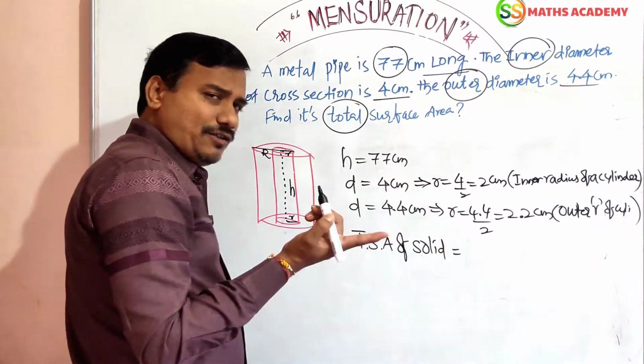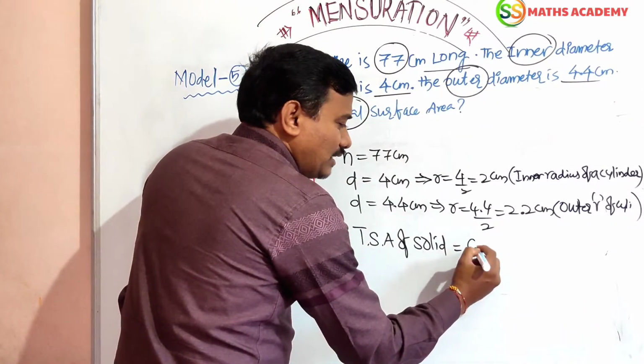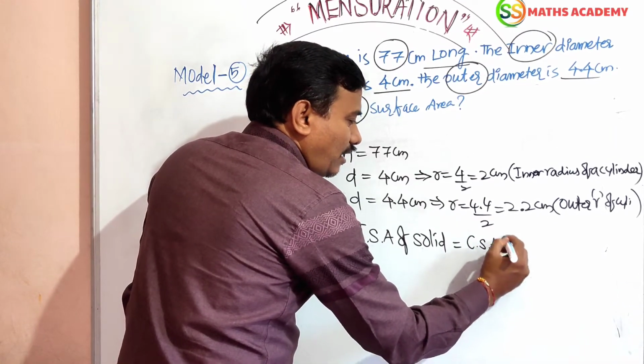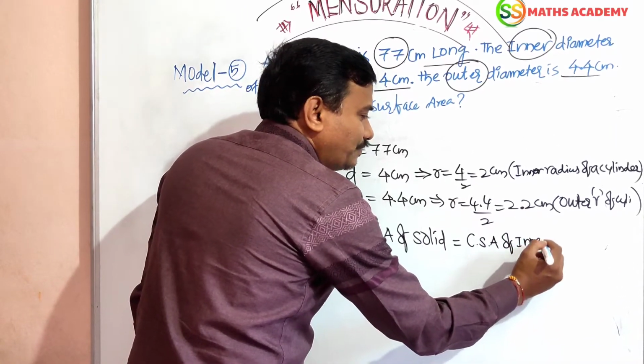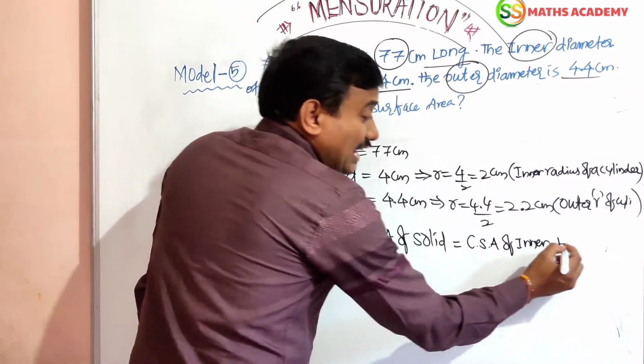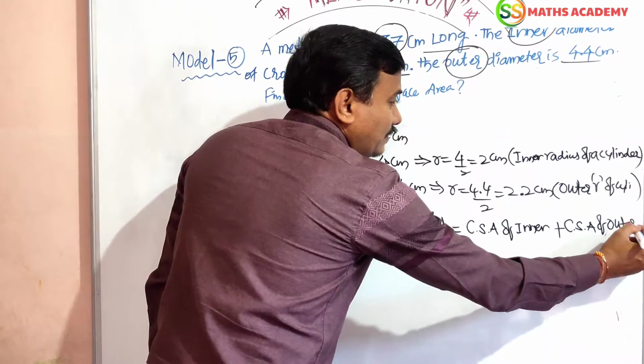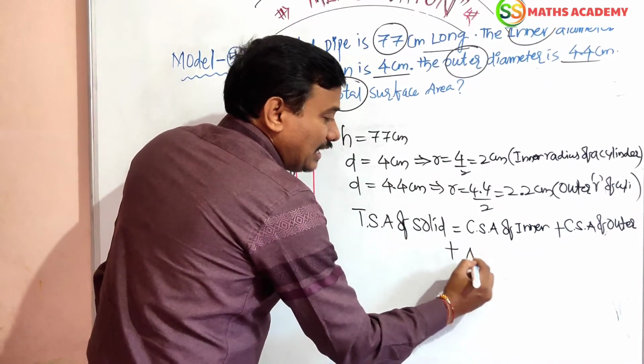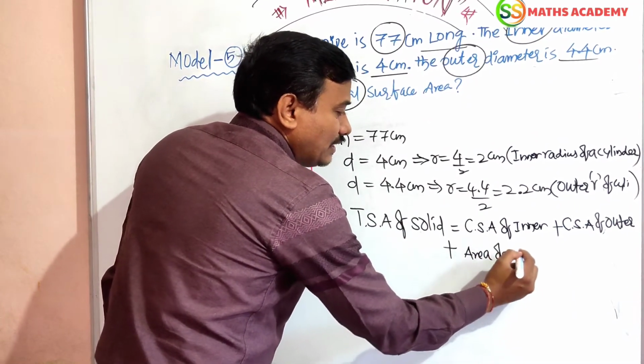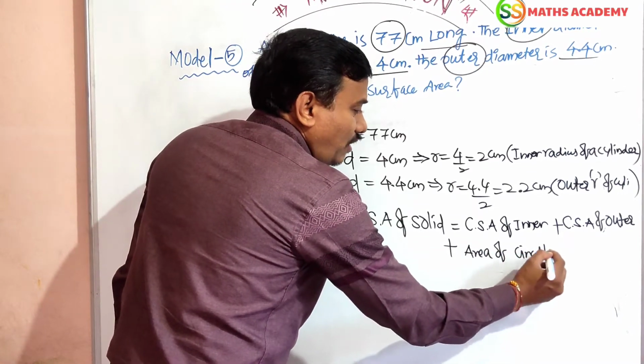We know very well: curved surface area of inner cylinder plus curved surface area of outer cylinder plus area of circular ends.